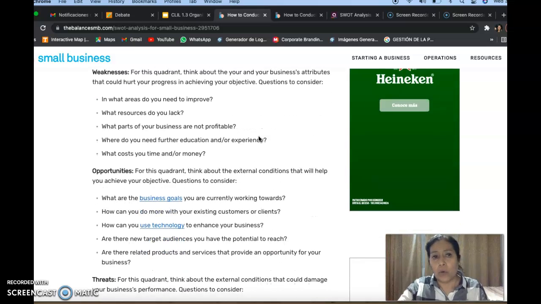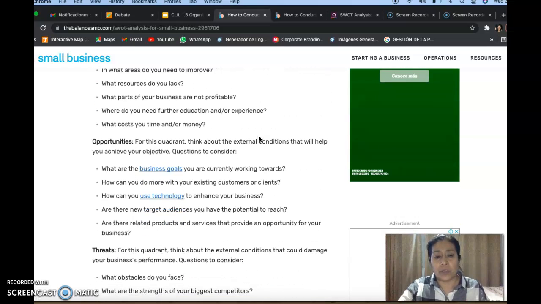Whenever you're thinking about opportunities, there are also some questions that you may ask yourself. What are the business goals you are currently working towards? Which are the ones that you are still working on in order to improve? And how can you do more with your existing customers or clients, okay?